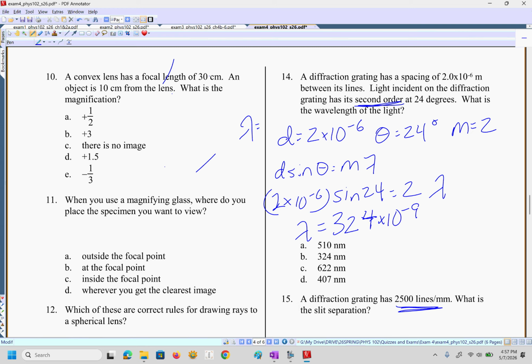Okay, let me check something on that, because I'm pretty sure in the question that I gave you, I don't give you the separation. Is the answer D? Oh, yeah, I wasn't calculating. It's just 407. Yeah, I'm sorry.